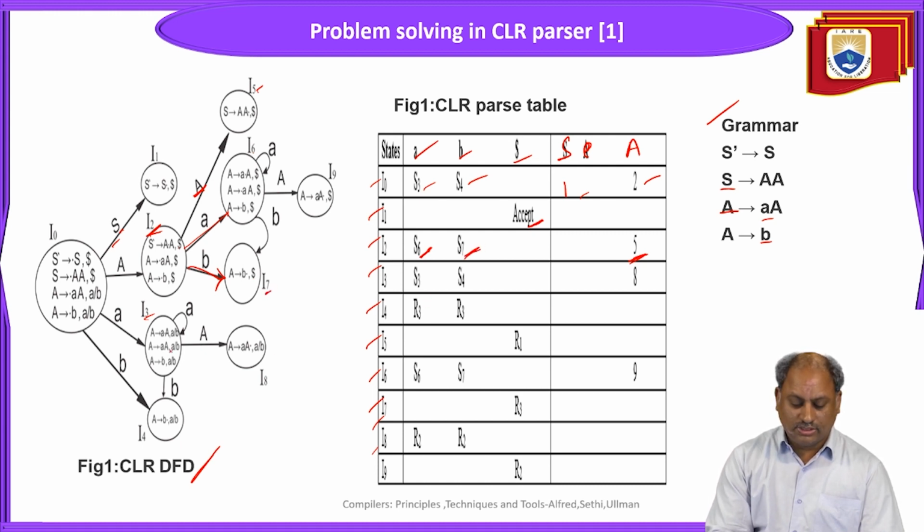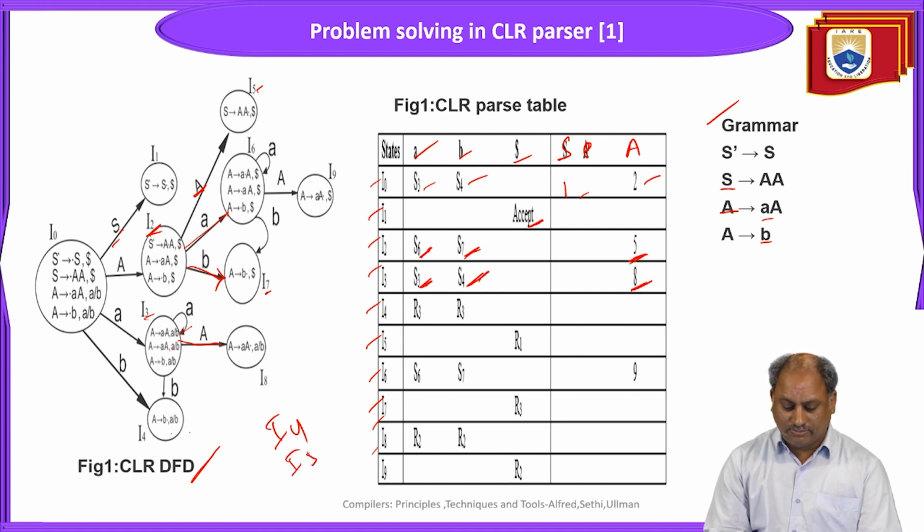For I3, capital A reaches 8, so we write 8. Small a is a self loop, that means the same state, S3, and small b reaches 4, S4. I4 is a reduction step, with nothing further. I5 is also a reduction step.